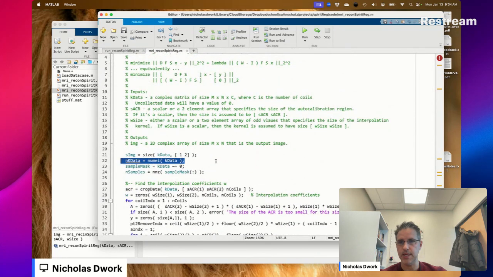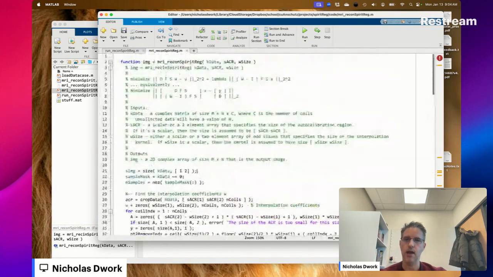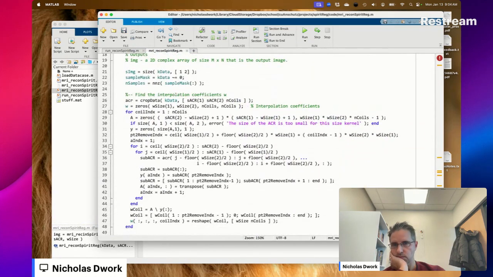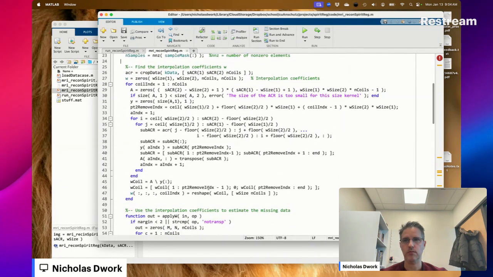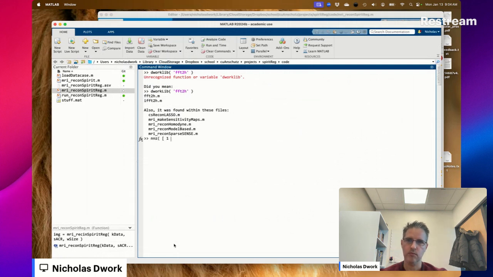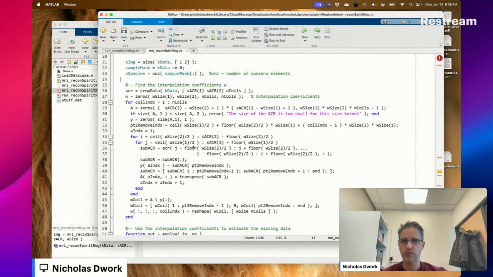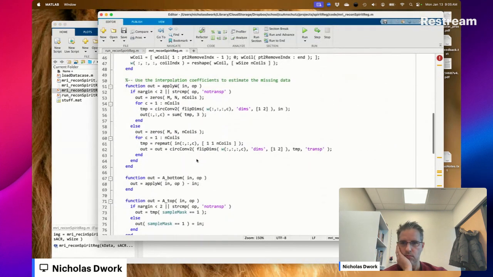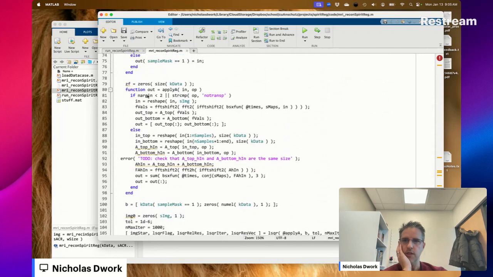It looks like we no longer need NK data, so that's nice. We're still not using this. Why not?